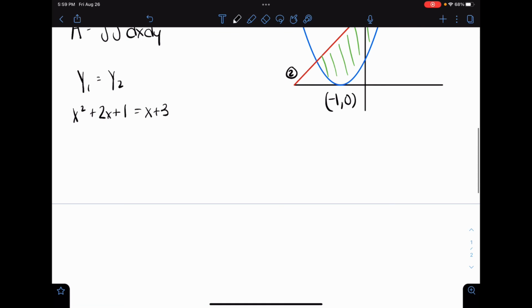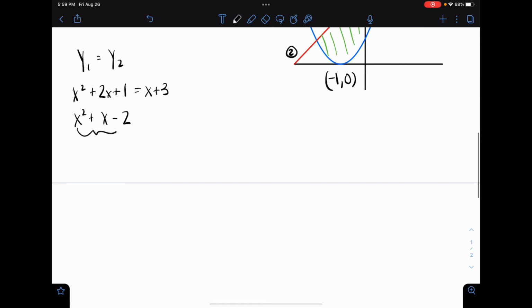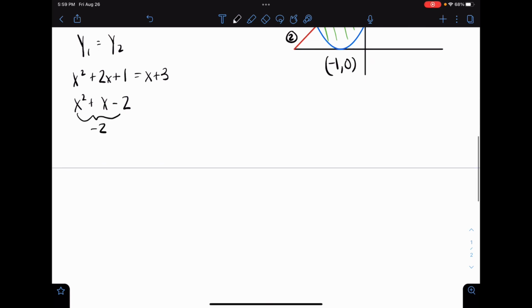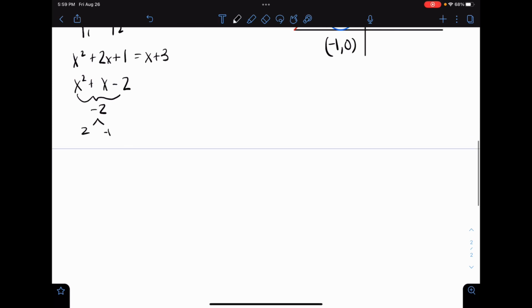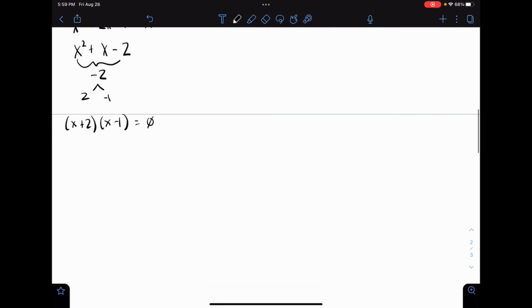Now we're going to solve this equation, which is x squared plus x minus 2. And if we solve this, we'll get x plus 2, x minus 1 equals 0. And then we'll have an x value equal to negative 2, and an x value equal to 1.